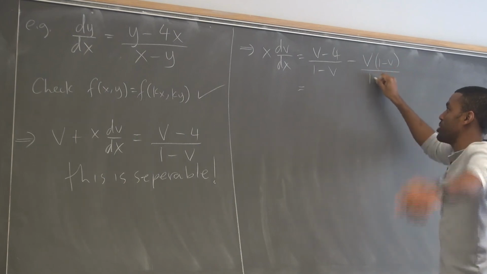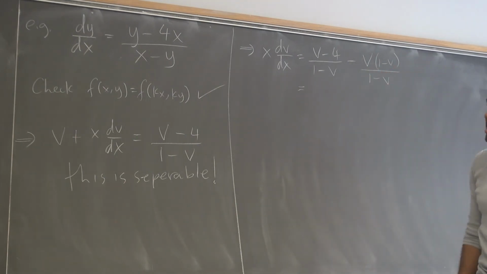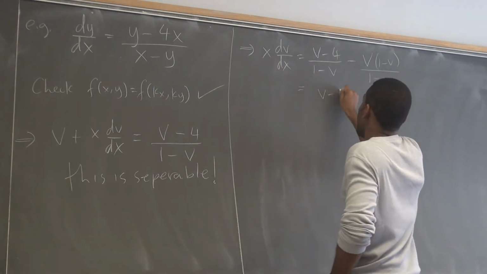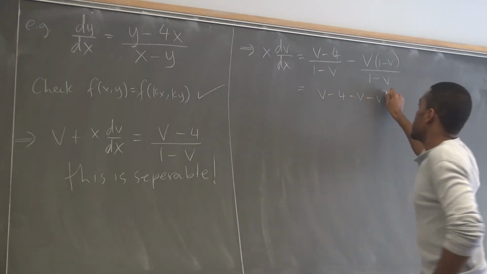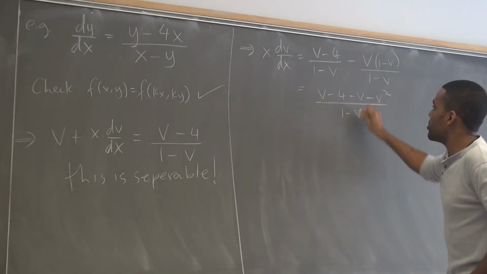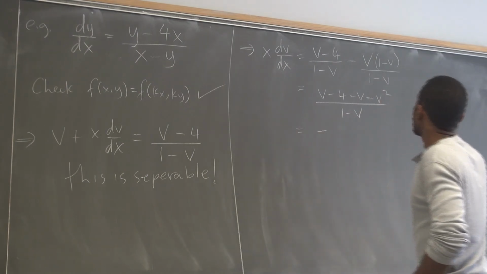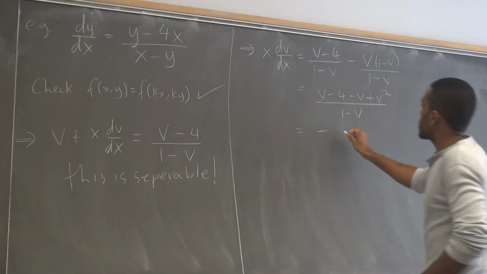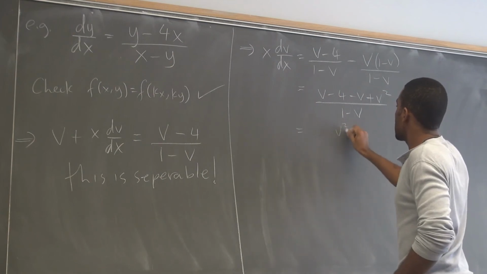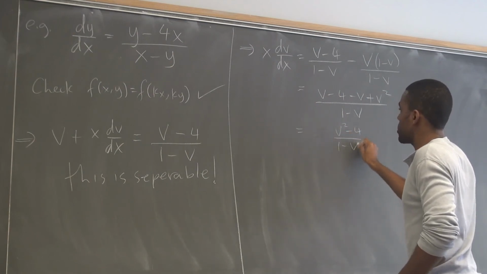That is correct, you in the back. Right, so this is v minus 4 minus v squared all over 1 minus v. This would be plus v squared, so this becomes v squared minus 4 over 1 minus v.